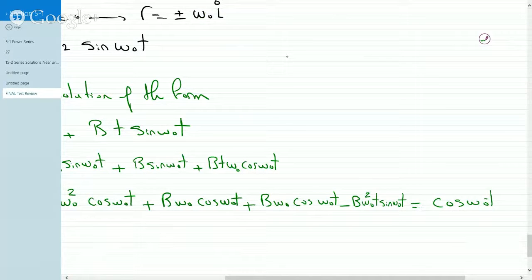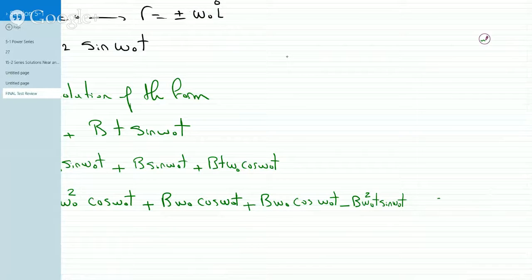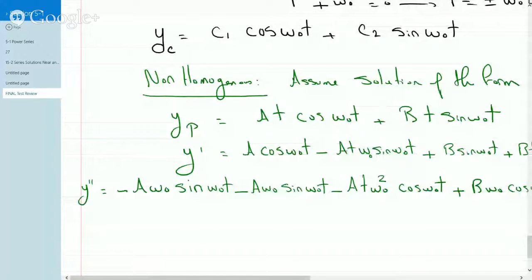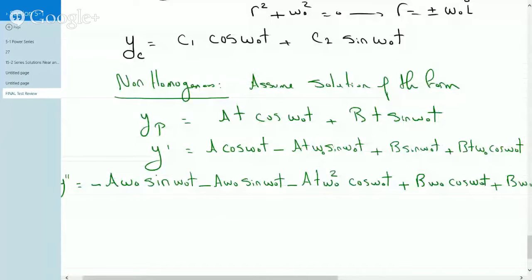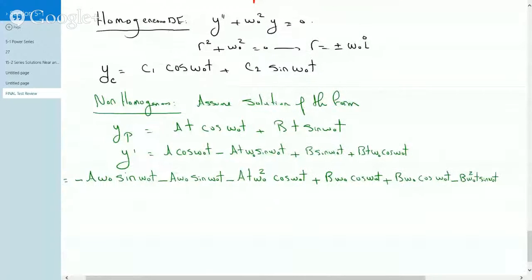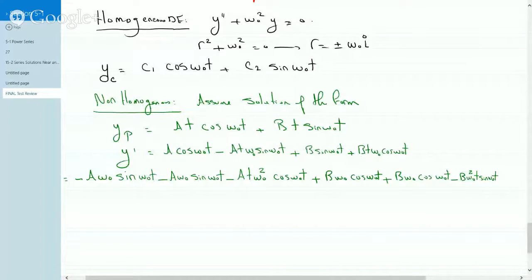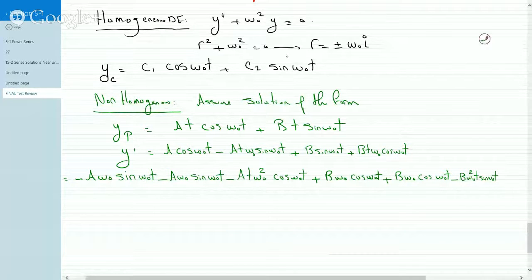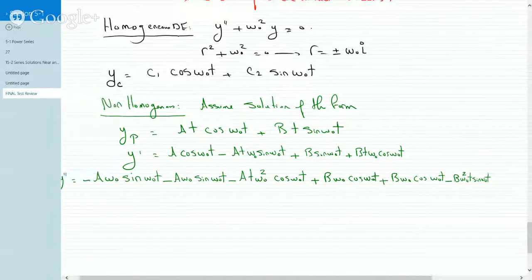We didn't put this together yet, so never mind. So now we'll plug those in the differential equation. So let's see here if we have any like terms. Let's massage this.